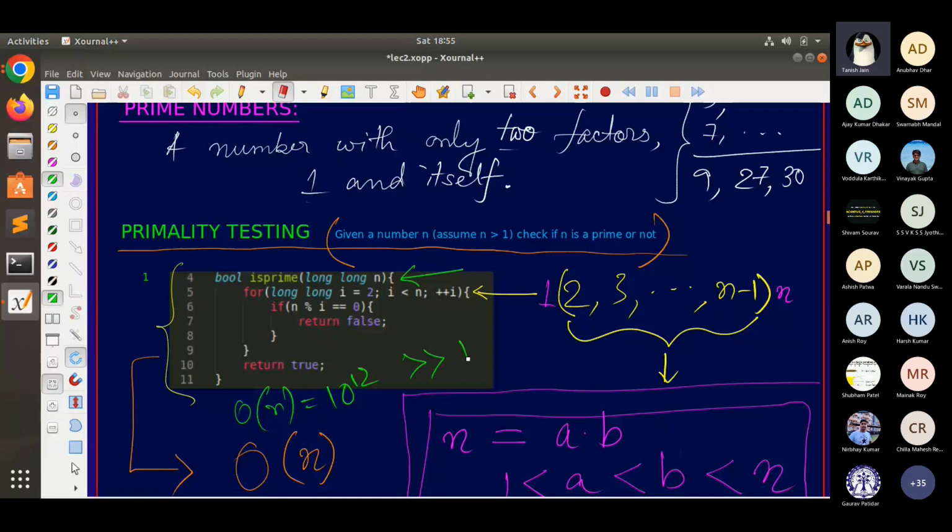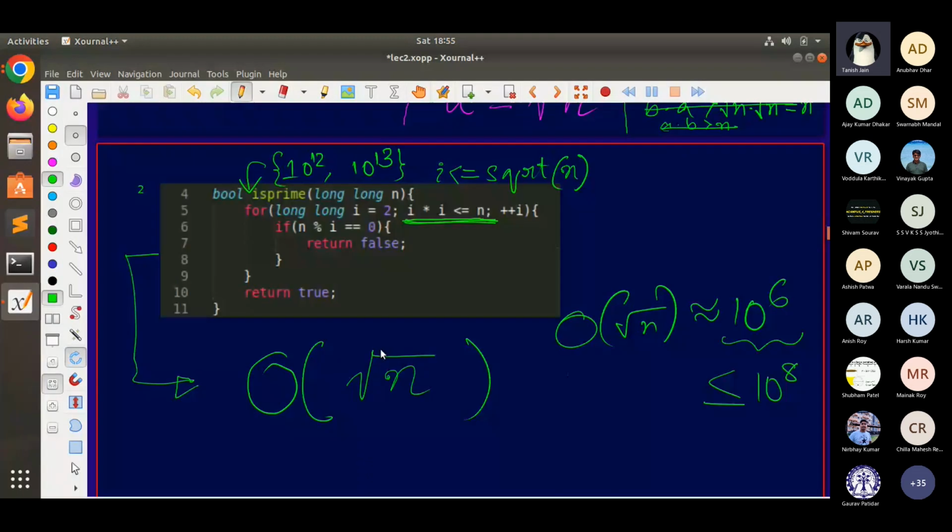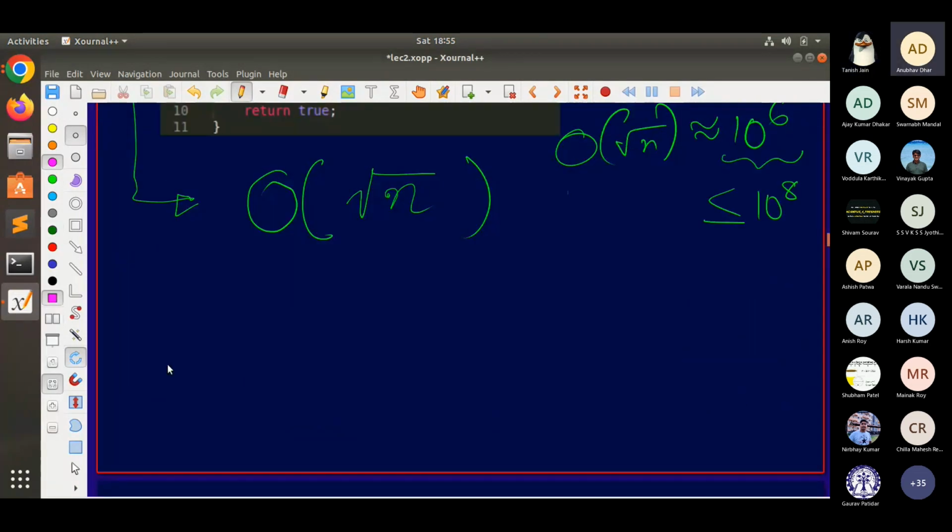Can we do something like we take the first 10 prime numbers and after that we just check if the integer is divisible by them? Can you please repeat? Can we just take the first 10 prime numbers?